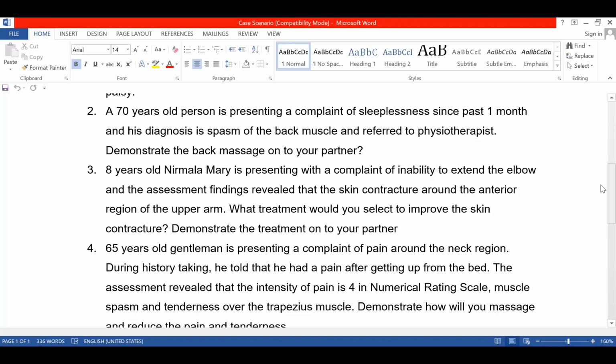Okay. So here the clue was that the person is not able to sleep because of spasm. So you need to reduce the spasm. You have to choose a technique that will help you break all the spasm. So maybe cupping is not needed, but otherwise everything is okay.